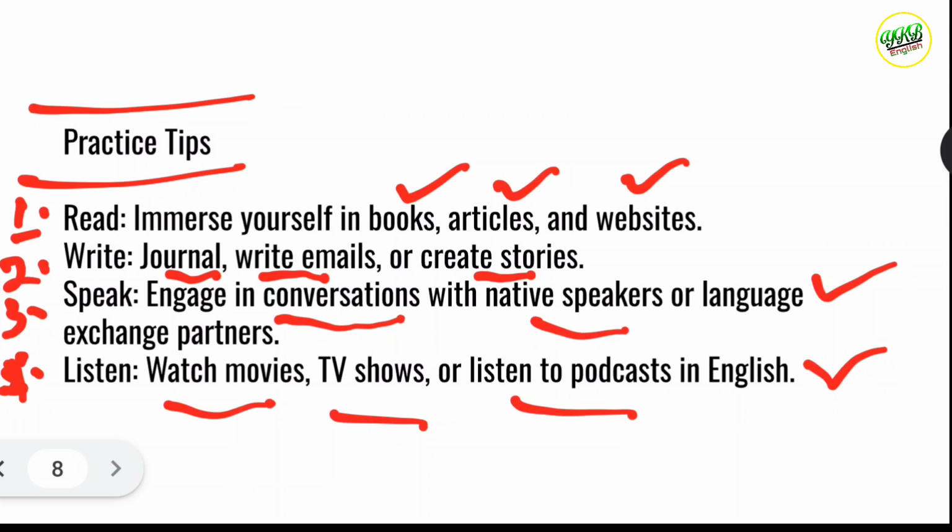You read books, articles, or websites, or you write a journal, write emails, or create new stories. And you engage in conversations with native speakers, or you can join language exchange partners also. And you watch movies, TV shows, and listen to podcasts in English also.